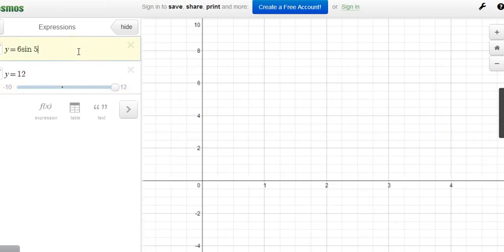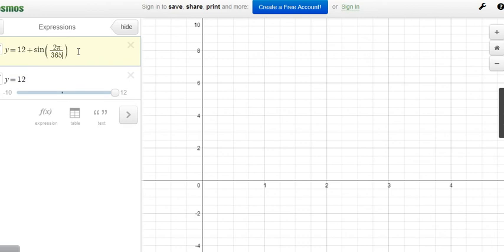And let's put this in. So it's 12 plus A sine 2 pi divided by 365 bracket x minus 80.